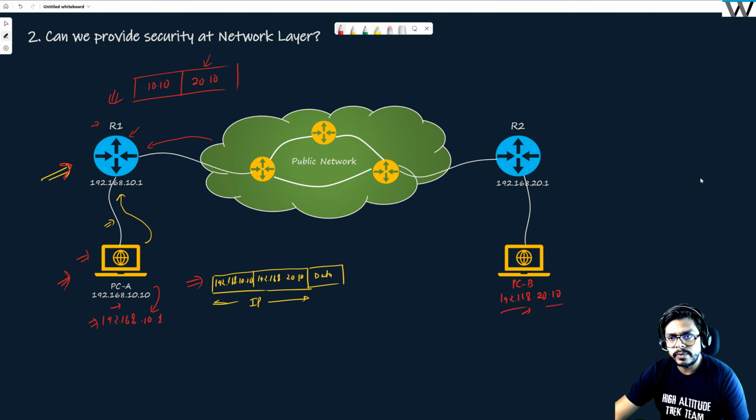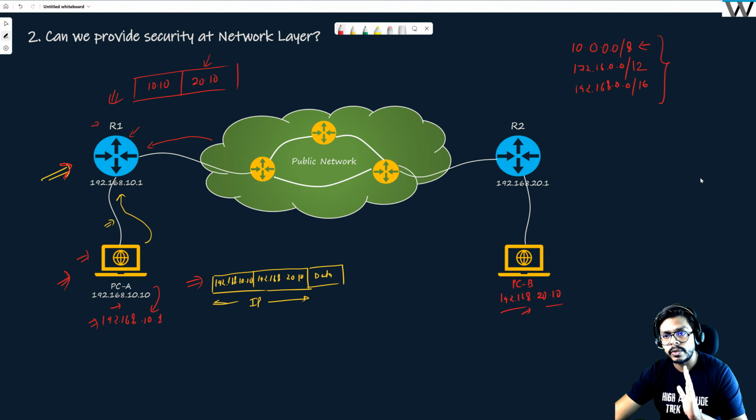So I would like to let you know that these ranges of IP addresses, 10.0.0.0/8, 172.16.0.0/12, and 192.168.0.0/16, are the private IP address ranges, and they are not going to be forwarded over the internet. We all know about it, right?